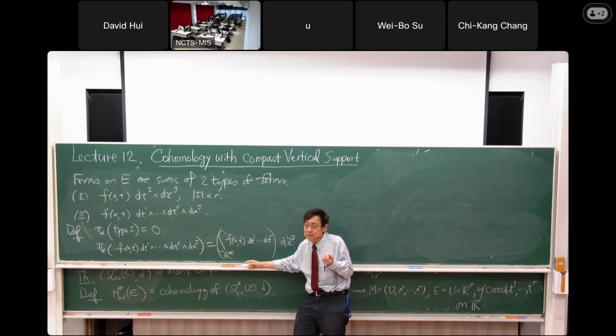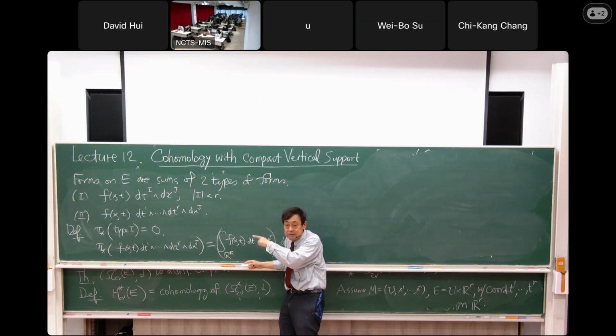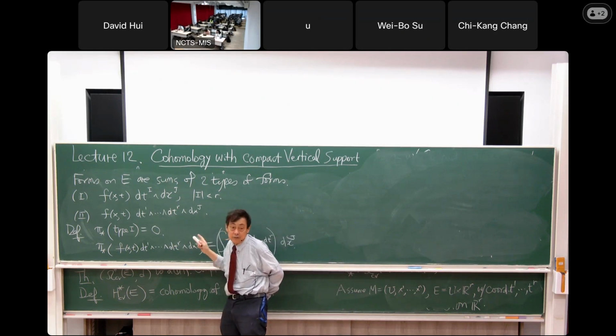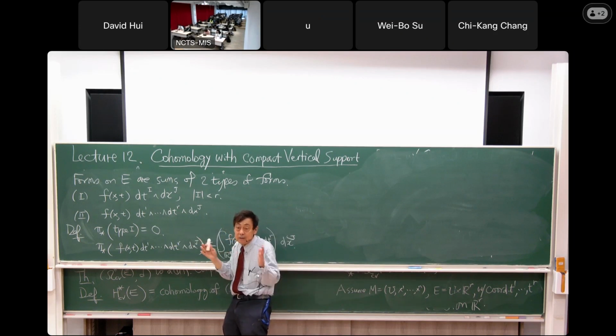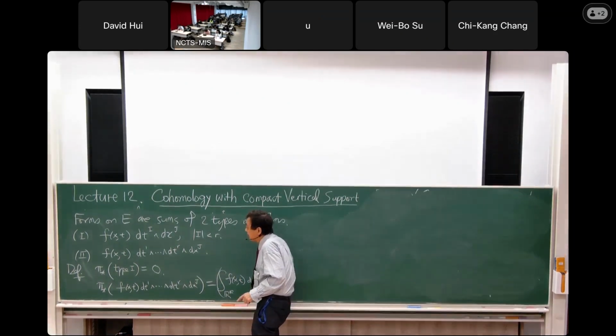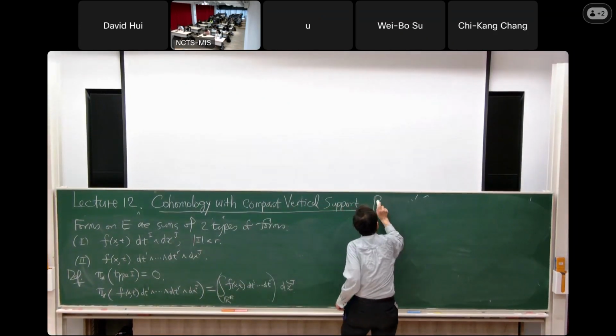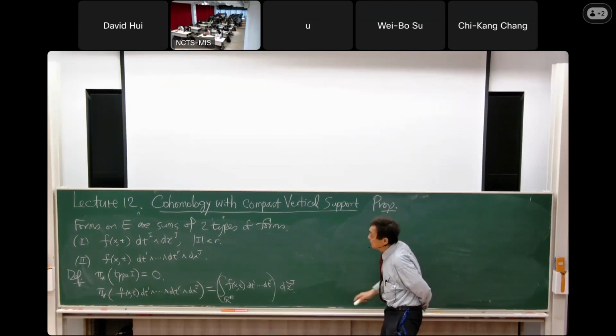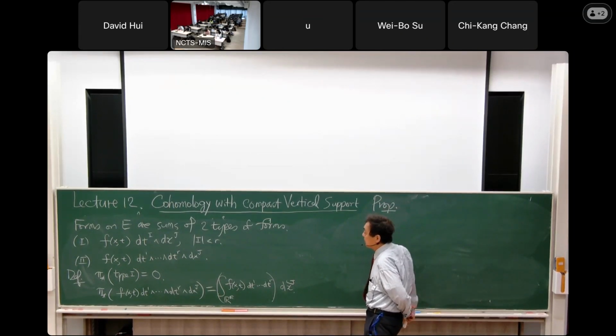And that comes in proving that this definition is independent of the coordinate system, so that you can globalize it. Okay, so first let's show that when we integrate along the fiber, we get a C infinity form.